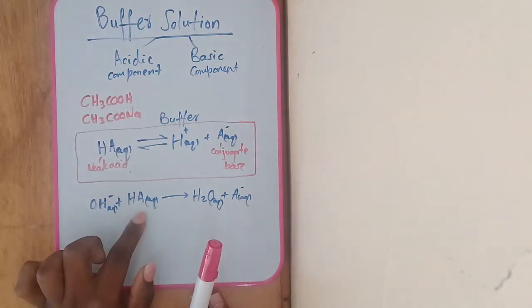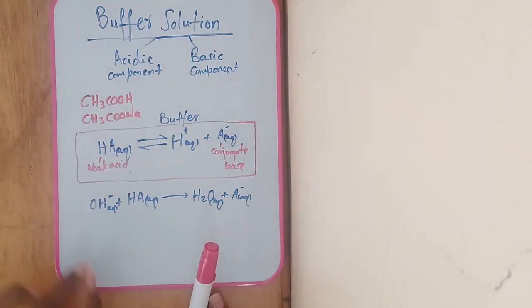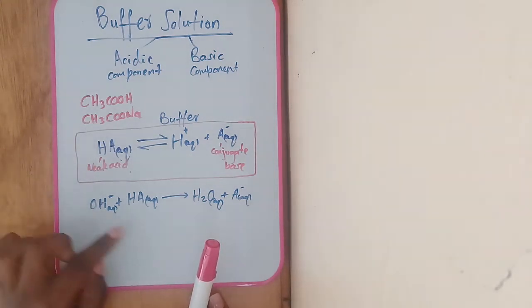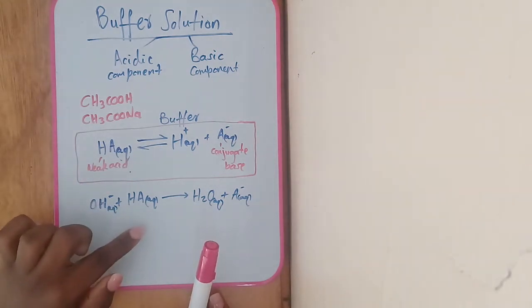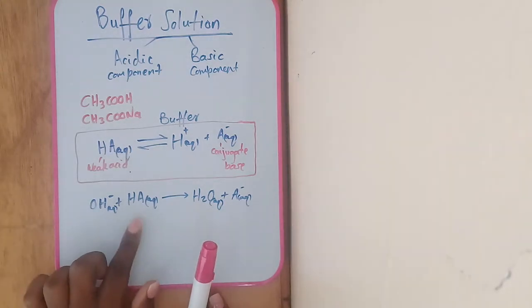So this means it decreases the concentration of the weak acid, but in small amounts, because remember the buffer is made up of high concentrations of both the acids and the bases, so that the pH will not change. The pH of your solution will not change. So it has little effect.